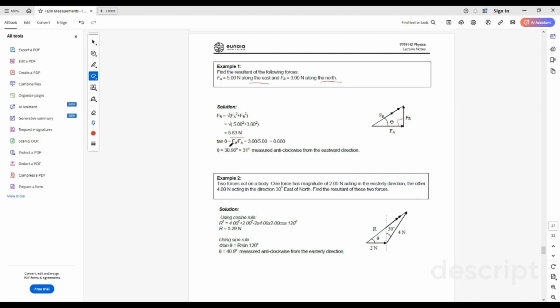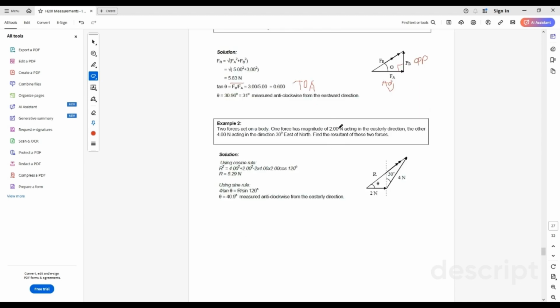Then, to calculate the angle, tan theta, since we know that force B is the opposite and force A is the adjacent, we can apply the formula TOA to get the angle. So that's how we get the resultant force and the angle.